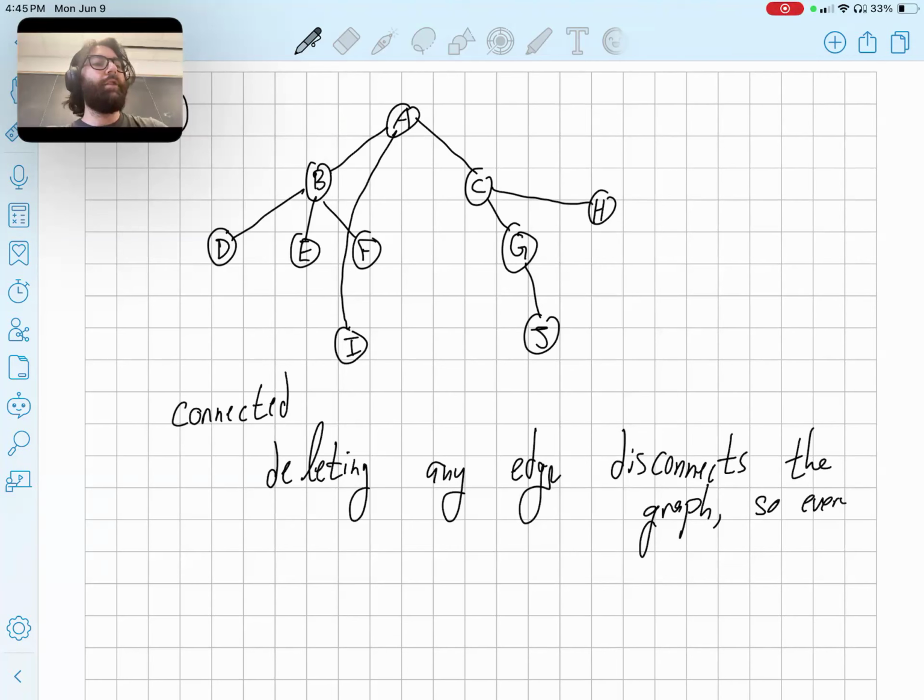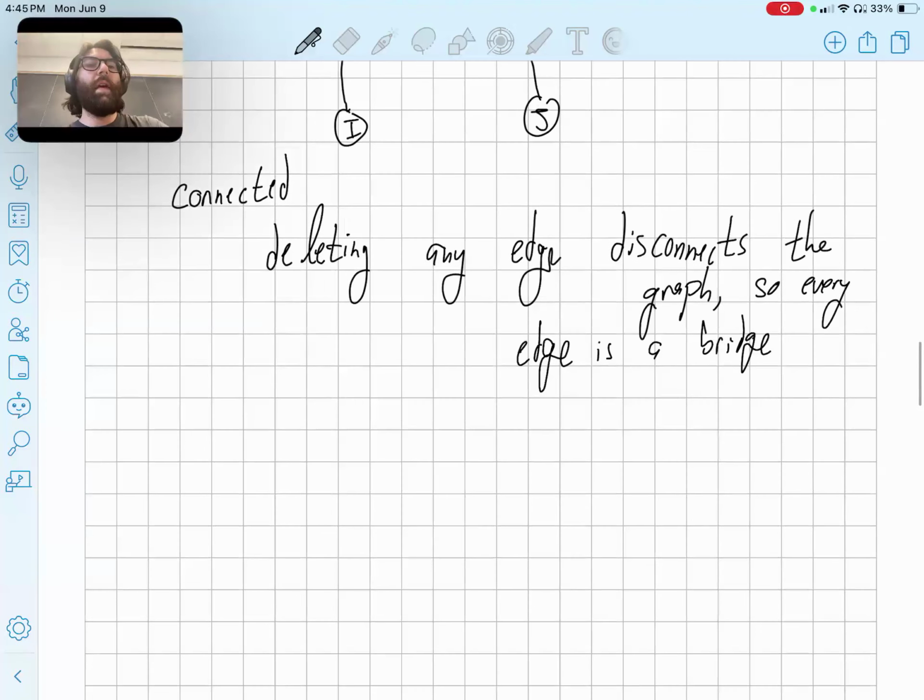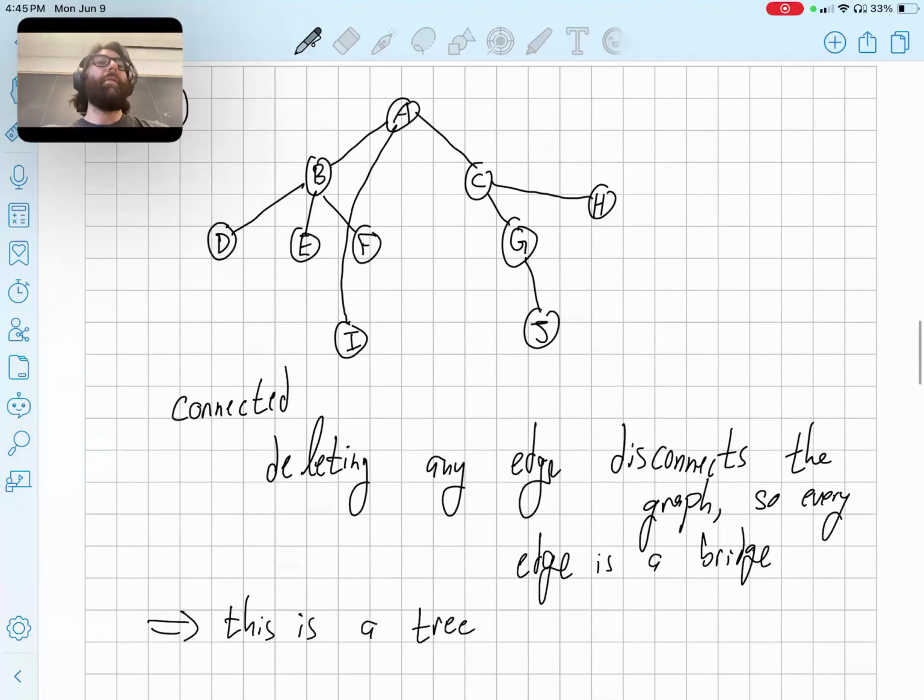So every edge is a bridge, and that means that this is a tree.